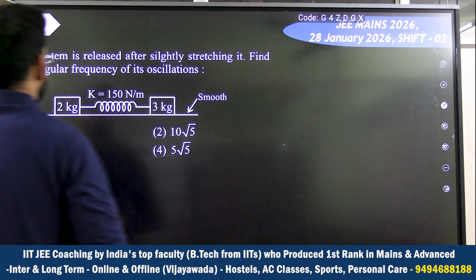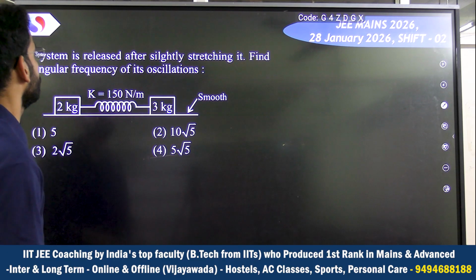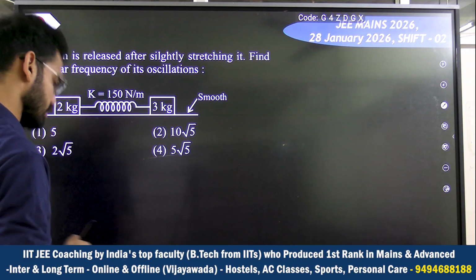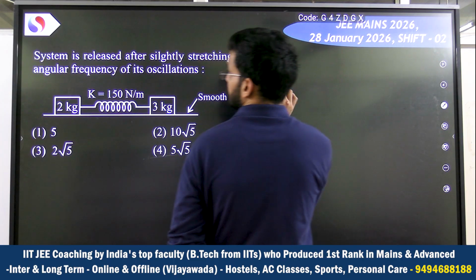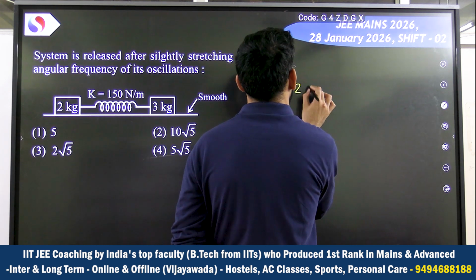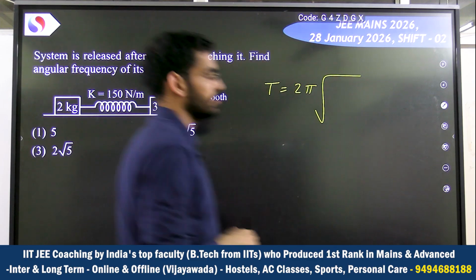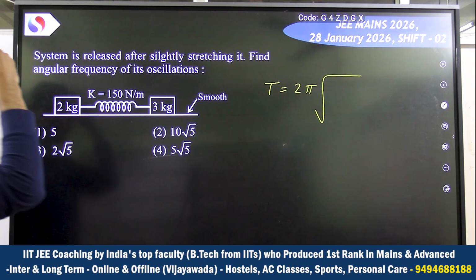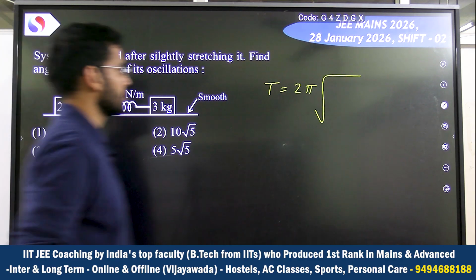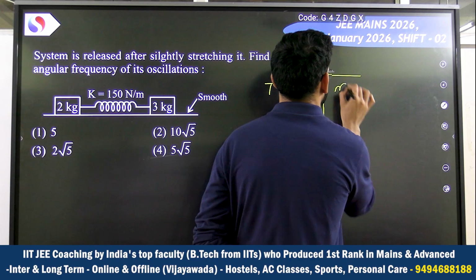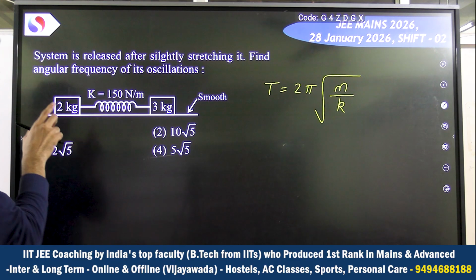Next. The system is released after slightly stretching it; find the angular frequency of its oscillation. This question is very lengthy, but its result we have remembered. The time period is 2 pi under root m by k in the case of 1 block.